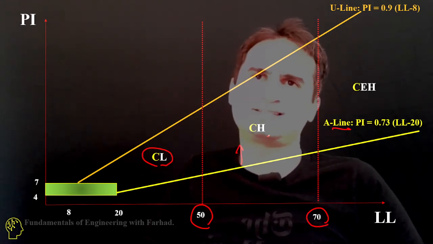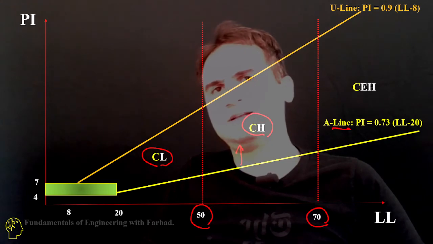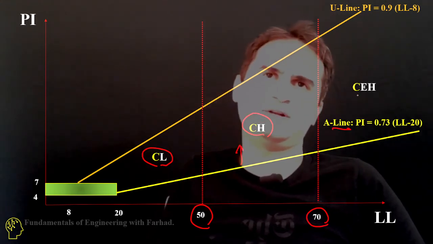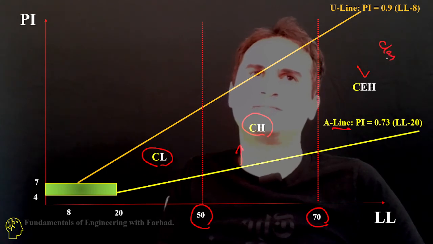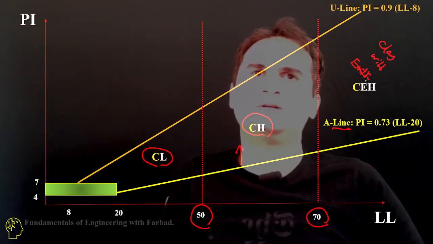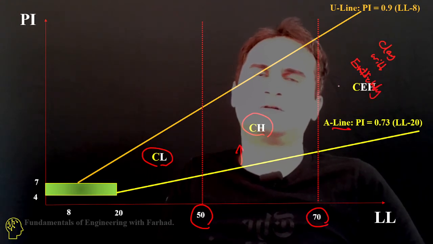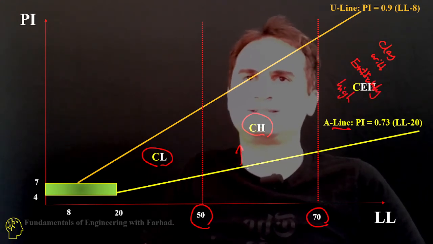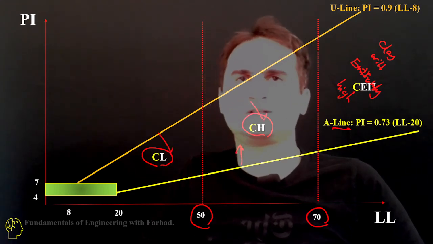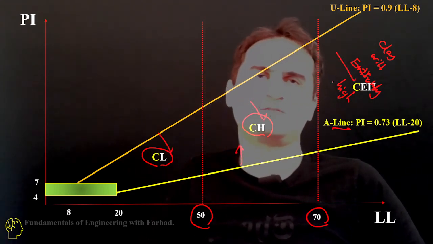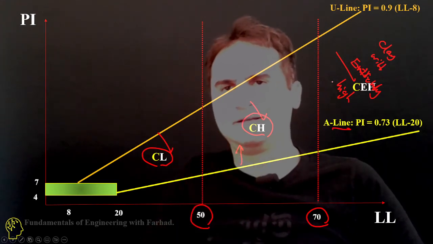CH is clay with high liquid limit, and CEH is clay with extremely high plasticity. Low plasticity clay, high plasticity clay, and extremely high plasticity clay.